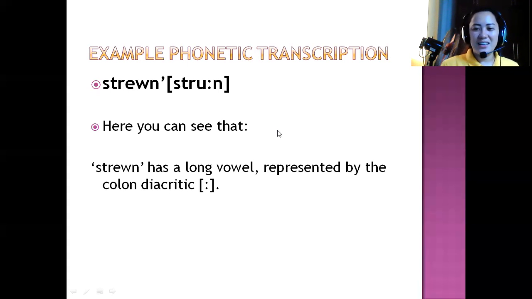If you really want to learn the standard pronunciation of a word, you better use the phonetic transcription. That's the advantage of phonetic transcription, because with the spelling alone, you might be confused whether it's a long vowel or a short vowel. With this diacritic symbol, you will be able to know that this is a long vowel.